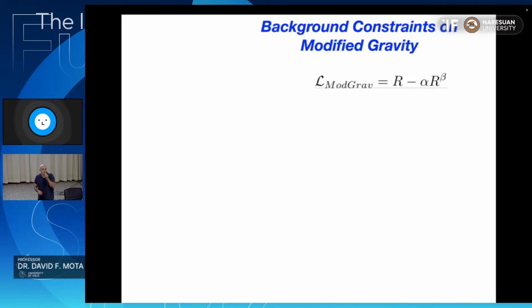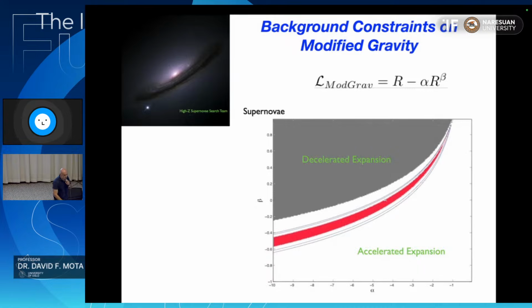I have the Einstein-Hilbert action, and I include an extra term proportional to R to the power of beta, where beta is a free parameter, and alpha is a free constant. How much can just the background data tell me I can deviate from the Einstein-Hilbert action, from general relativity? So if I use the supernovae data, what I have is the following.